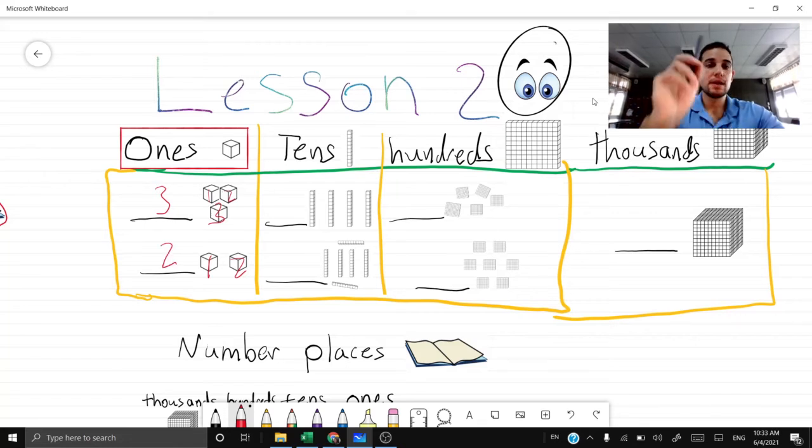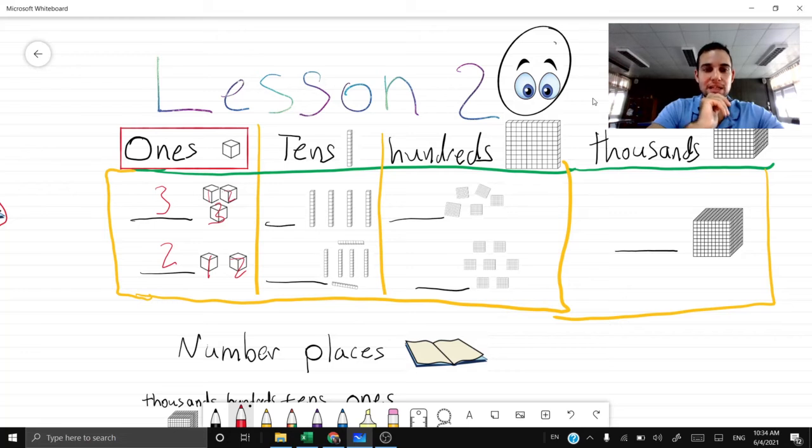Very good. Now let's look at tens. The tens place has 10 in each space. You see 10 cubes? That means there are 10 cubes in each tens.